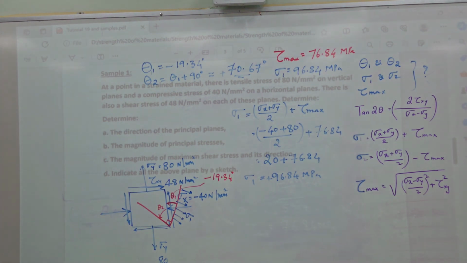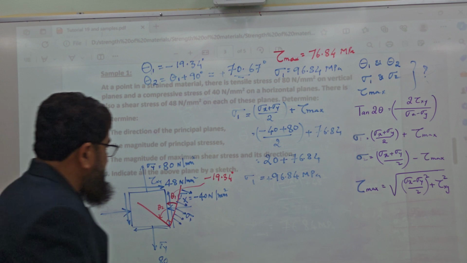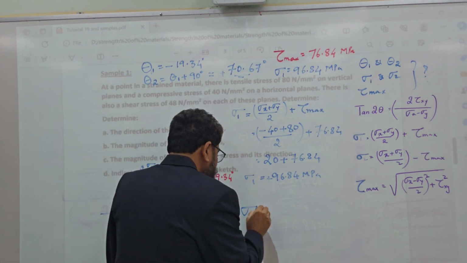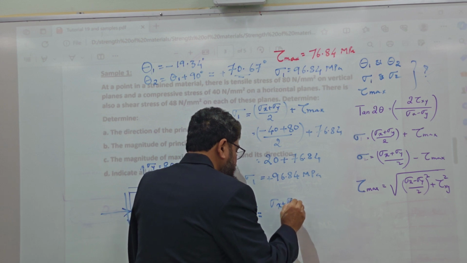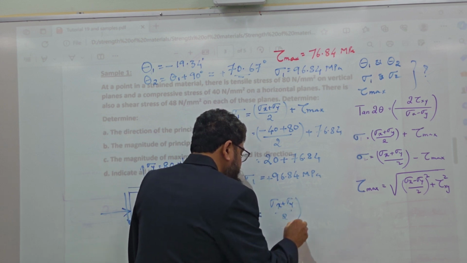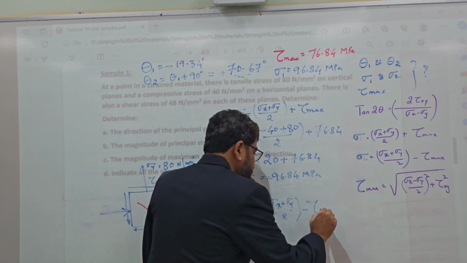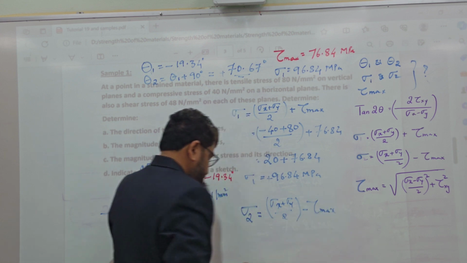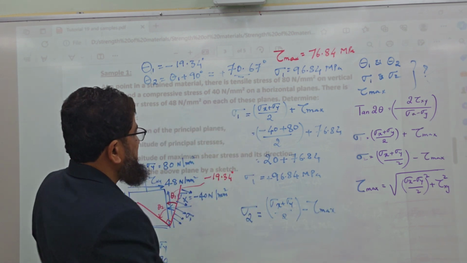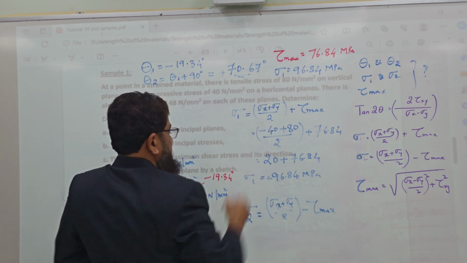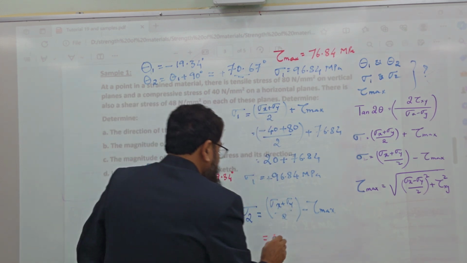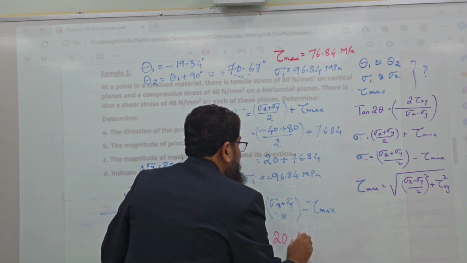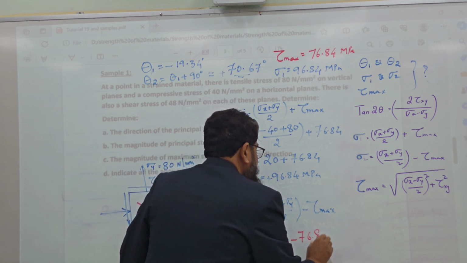Now let's go for the next one. Next one is sigma 2. Sigma 2 is (sigma x plus sigma y) by 2 minus tau max. How much is (sigma x plus sigma y) by 2? You already have it, 60 minus 76.84.